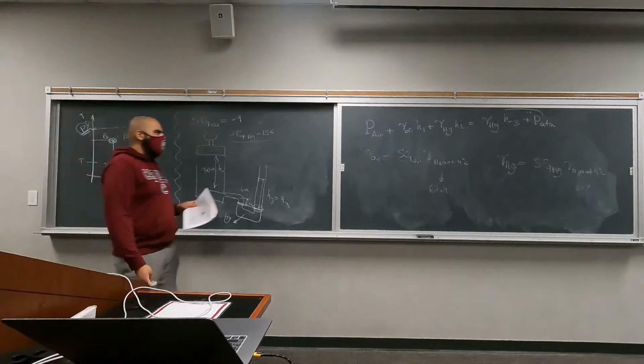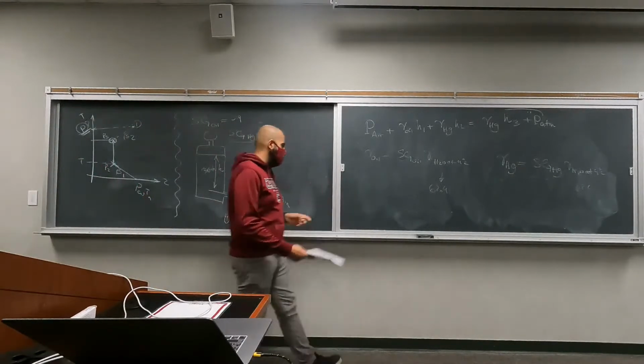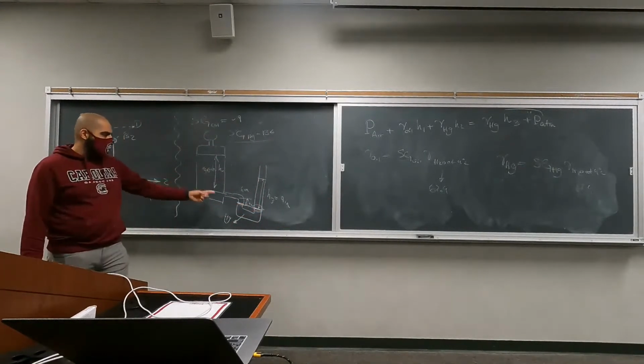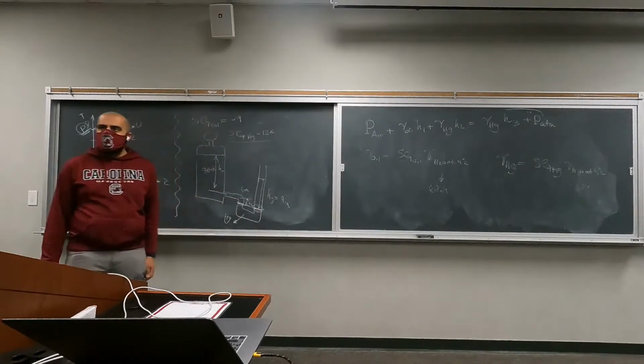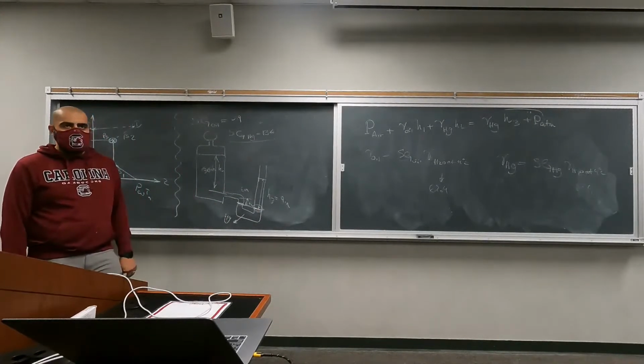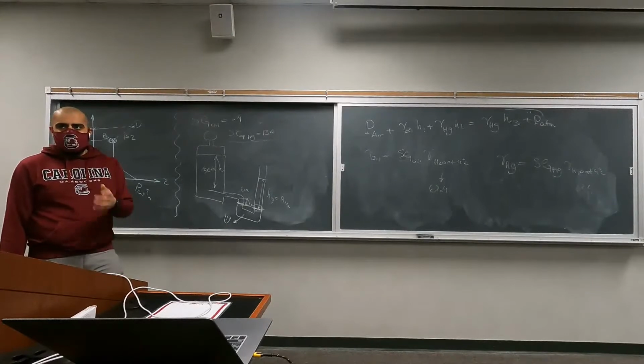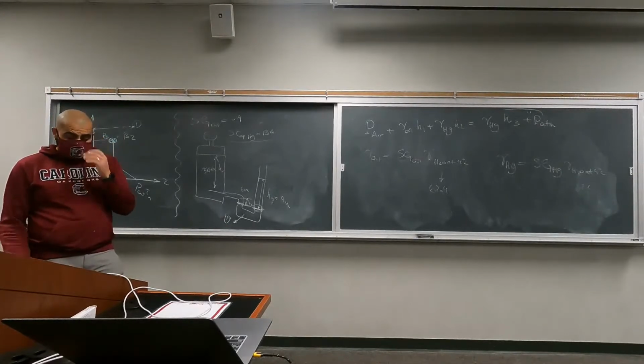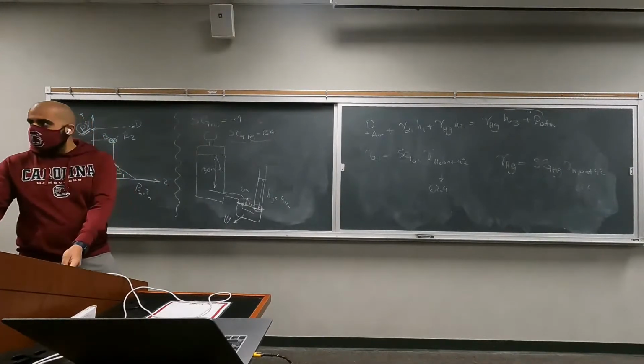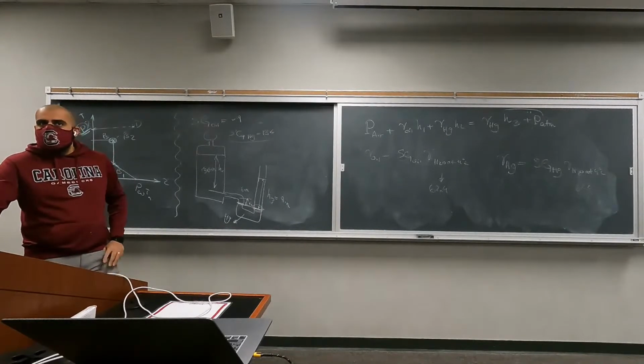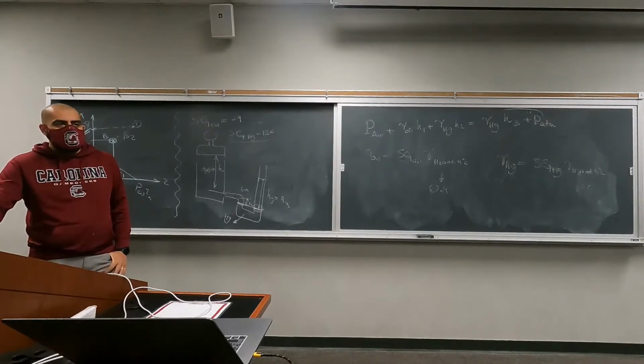But the thing that you have to keep in mind is that the heights are given to us in inches, so we have to convert them to feet. How do we convert inches to feet?